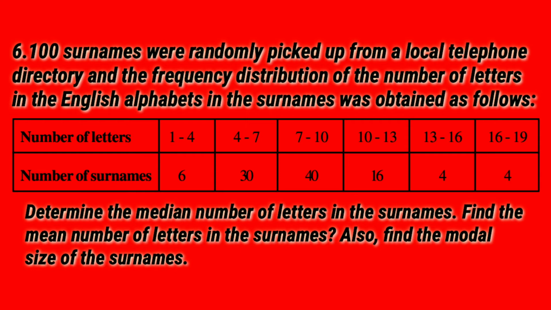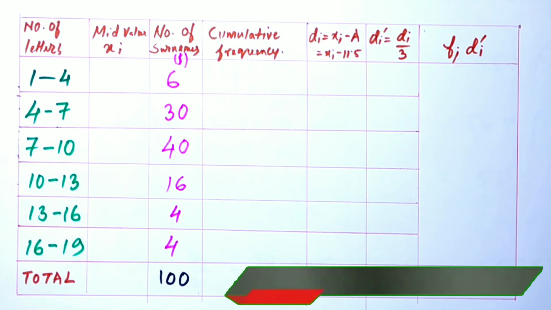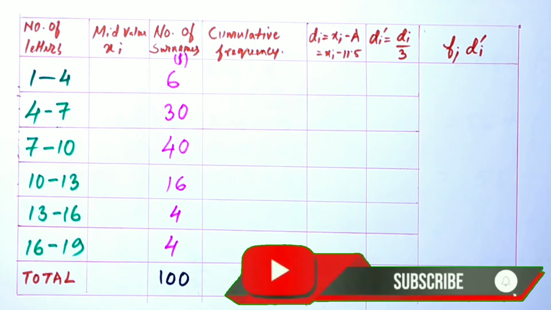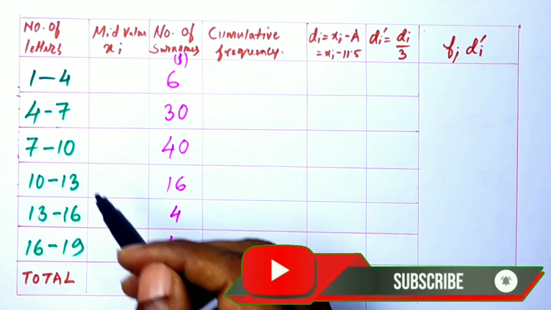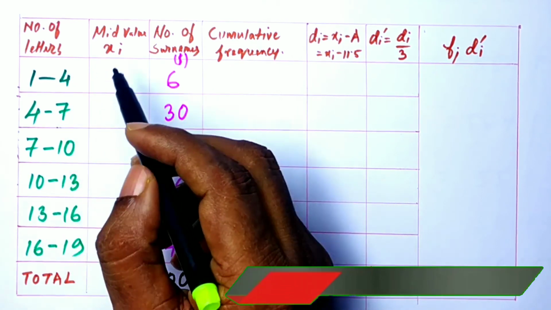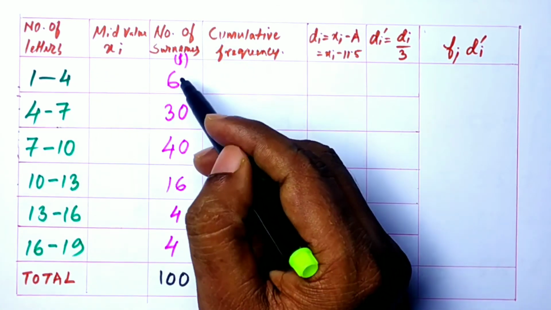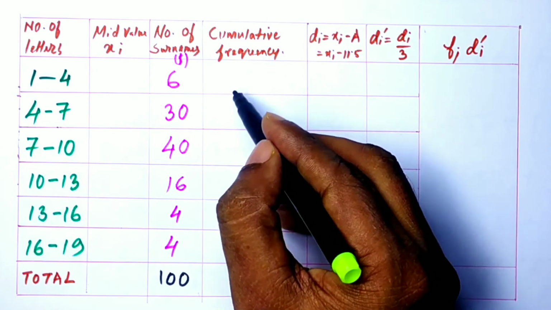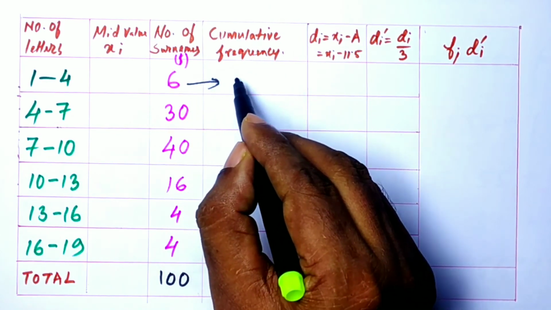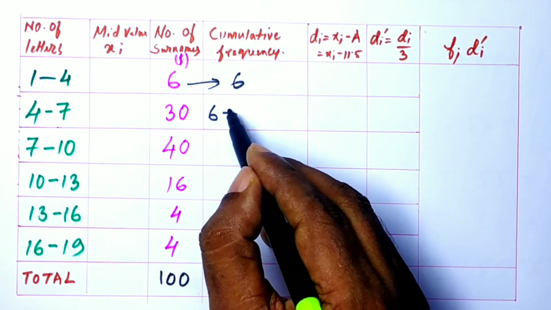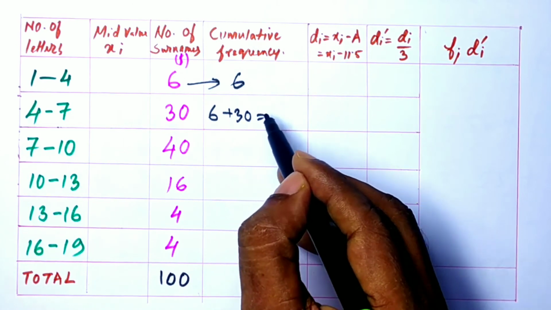Also find the modal size of the surnames. So let us calculate the median first of all. Here we are preparing the cumulative frequency table, where we have written the number of letters and the number of surnames, which is the frequency. So the cumulative frequency will be: this 6 will come up here. 6 plus 30 is 36.